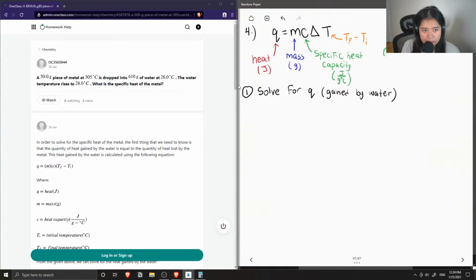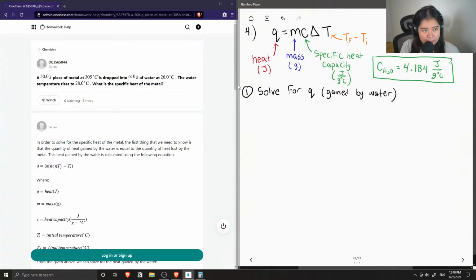So the specific heat capacity of water is 4.184 joules over gram times degrees Celsius.